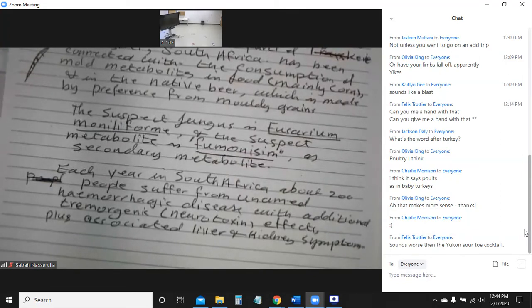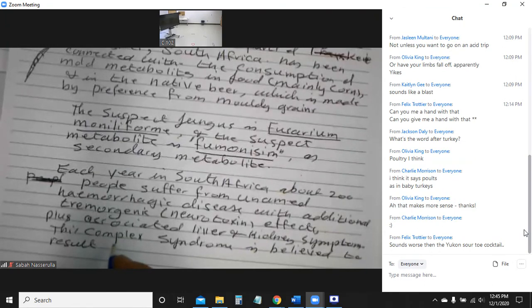Now, this complex syndrome is believed to result from drinking home-brewed beer or native sorghum beers.